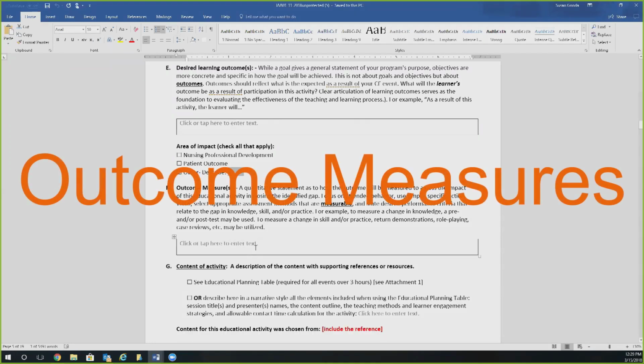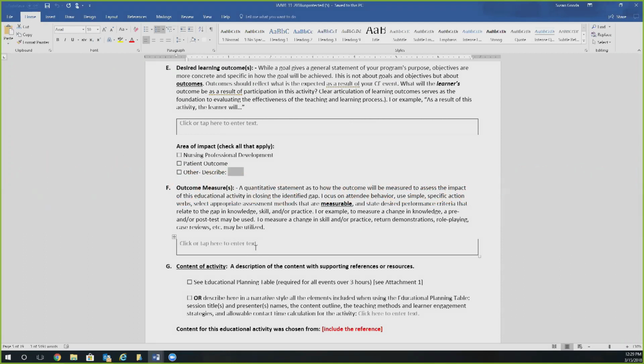At the end of this educational endeavor, how are you going to measure that you were successful? Now with that, there can be short-term and there can be longer-term outcome measures. For a short-term, it could be as simple as identify one change in practice that you will initiate or apply to your practice as a result of this educational event.